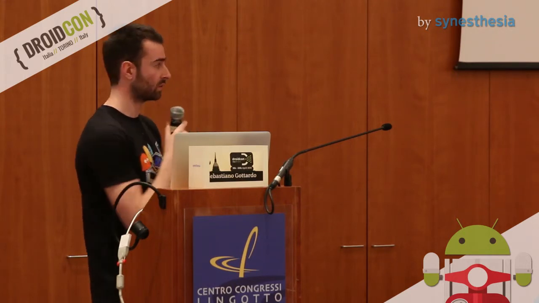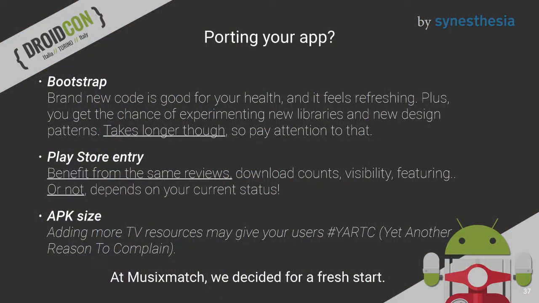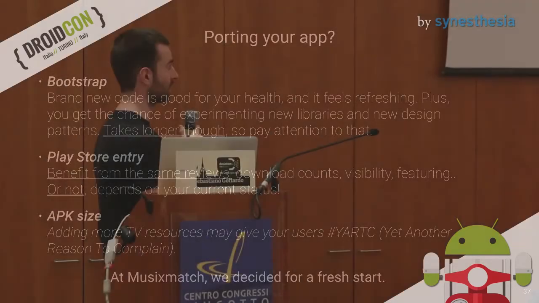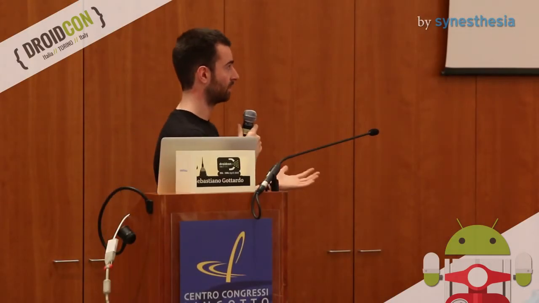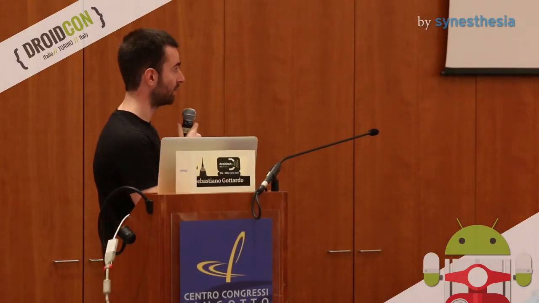And the first one is, of course, the time. So if you're on a tight schedule and you need to develop super fast, you probably want to extend your existing application and make it work for TVs, because all the code you need is already there, the project is already set up, you already know where the stuff is and how to use it. So it's going to be faster to develop for Android TV.